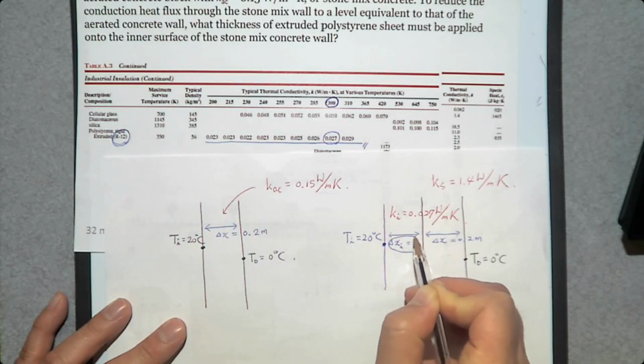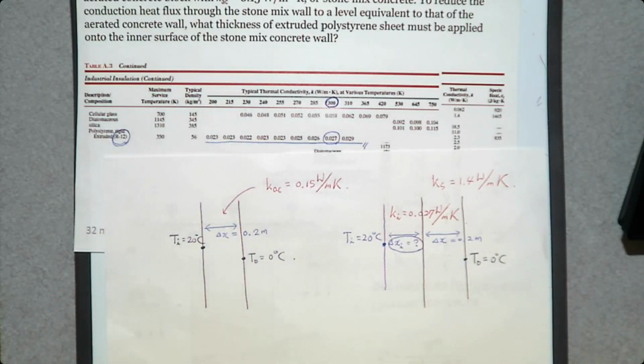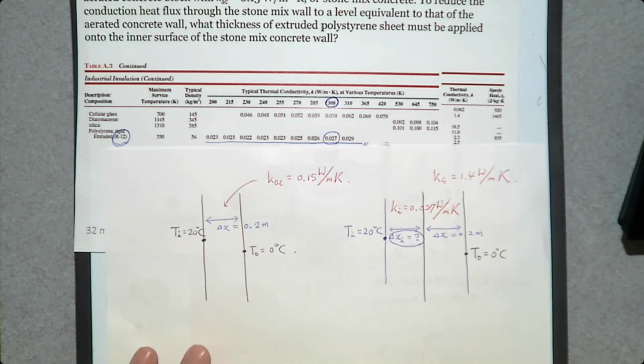So we want to determine this. So how can we determine the thickness of this insulation? We can calculate the rate of heat transfer through this wall and the rate of heat transfer through this wall and say they are equal. That's how we can determine the thickness of this insulation.